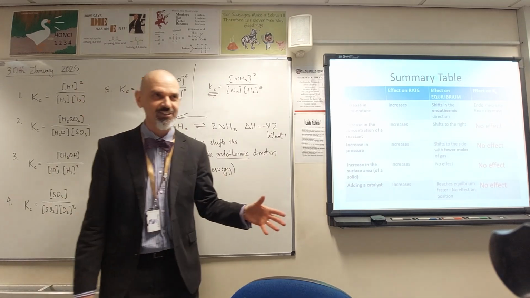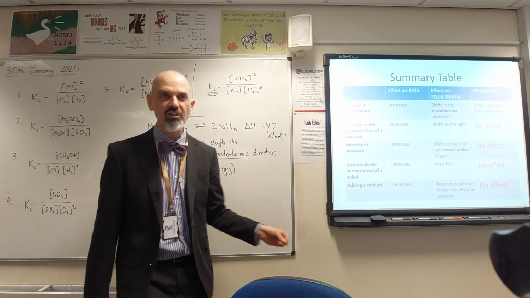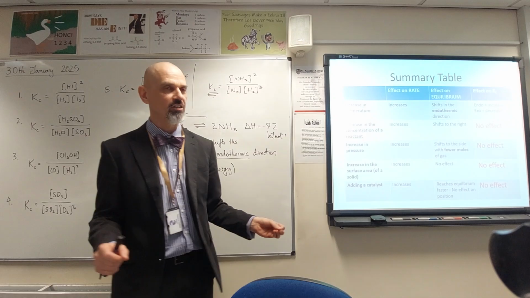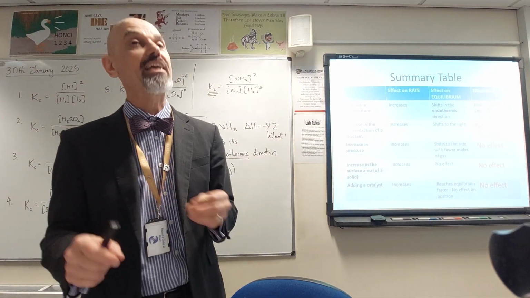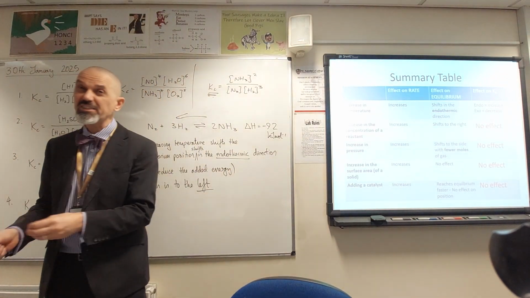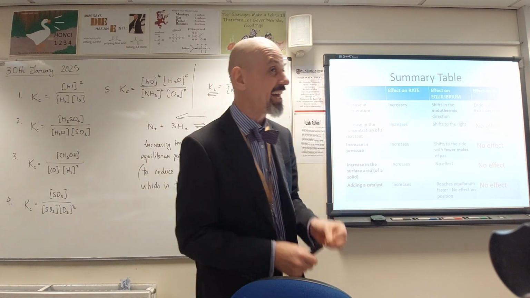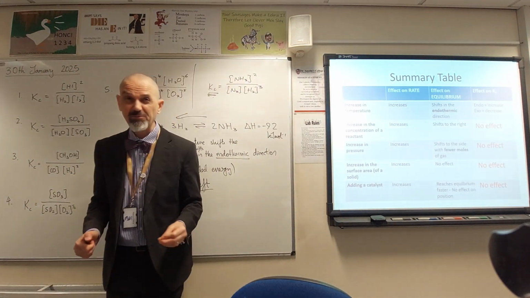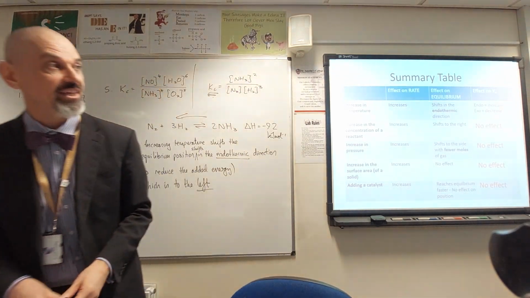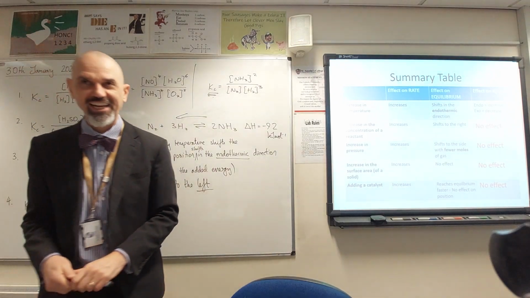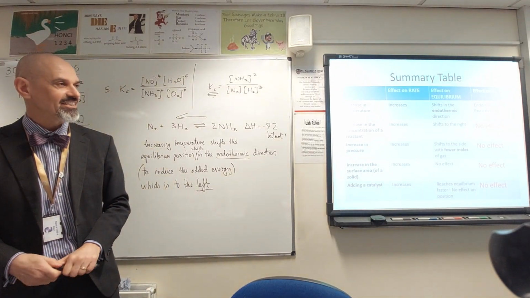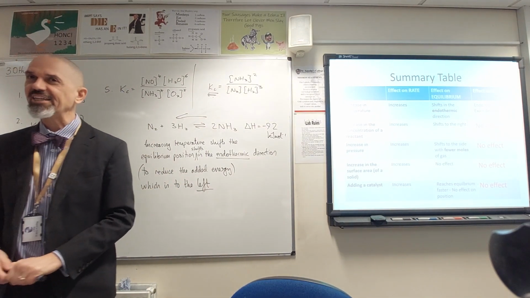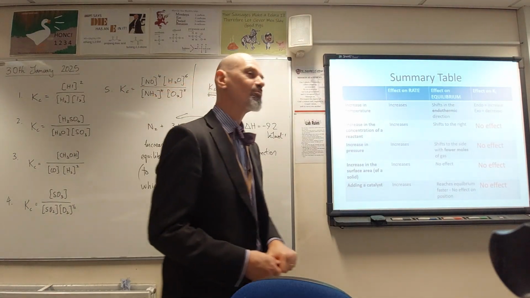His logic was sound. But the equilibrium constant is, surprise, constant at a given temperature. So it changes with temperature, but nothing else. There are no other reasons to change Kc.